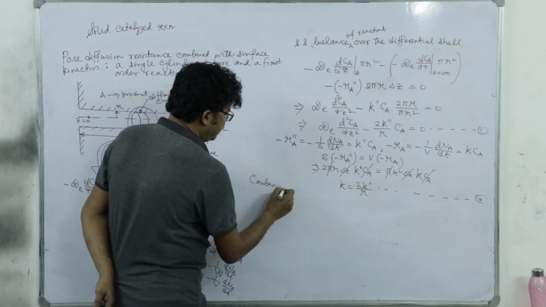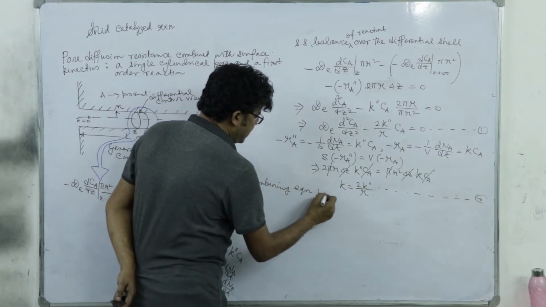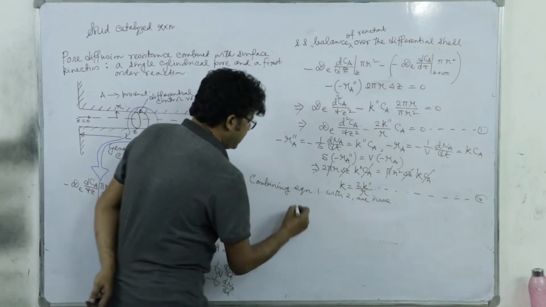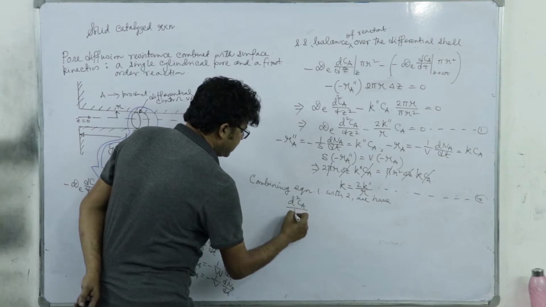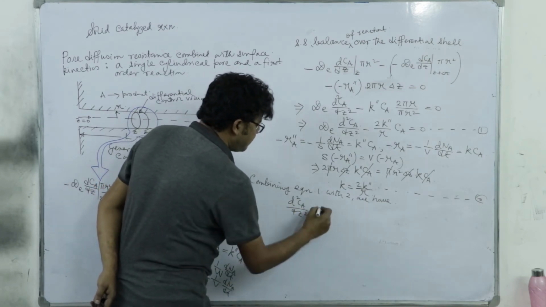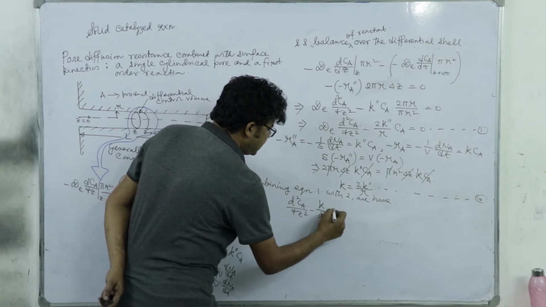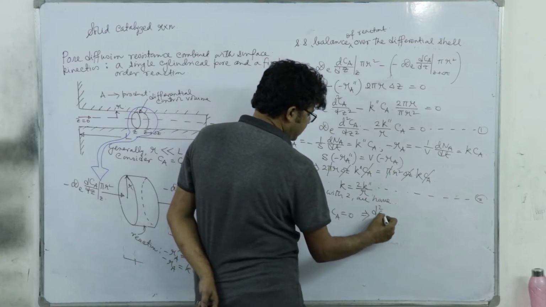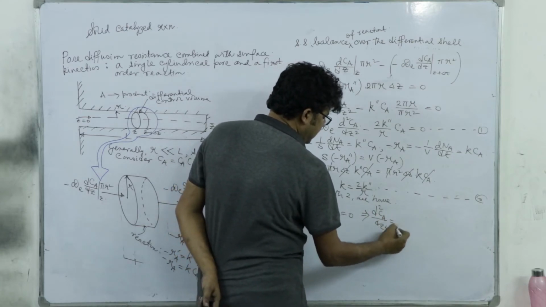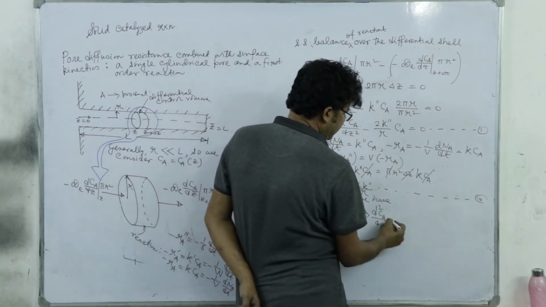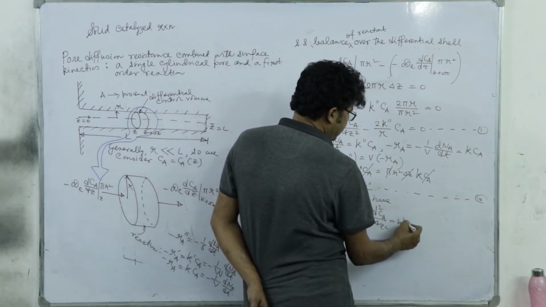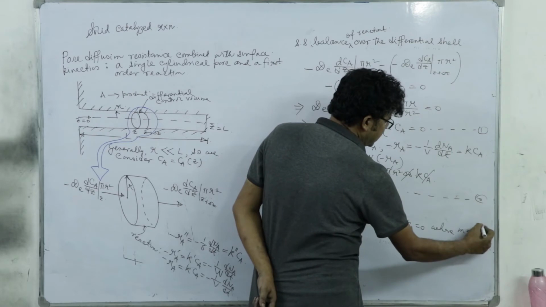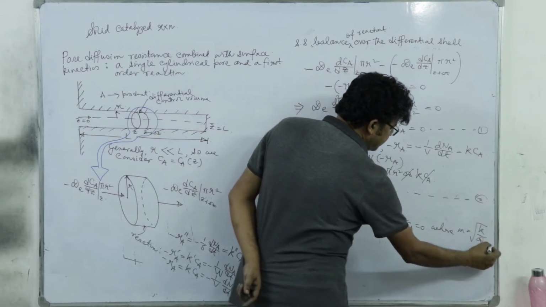Combining equation 1 with 2, we have d square Ca dz square minus k divided by De into Ca is equal to 0, and that we write as d square Ca dz square minus m square into Ca equal to 0, where m is equal to under root of k by De.